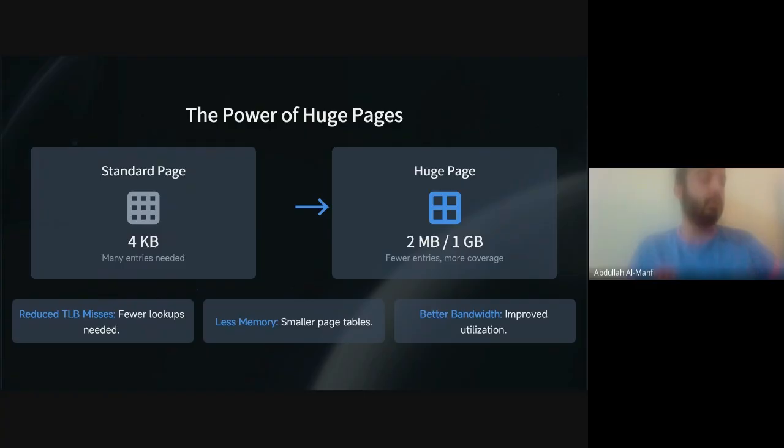This can improve both bandwidth and CPU efficiency for large working sets.